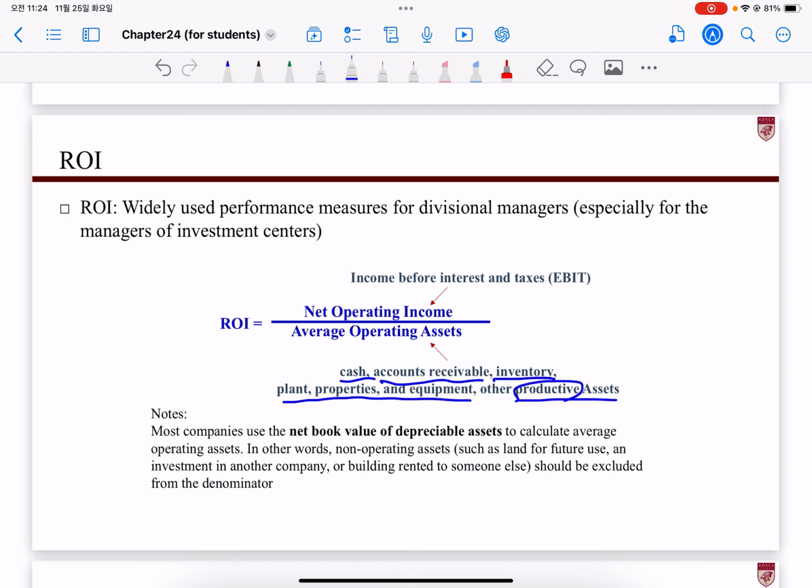Okay, so what I mean by average is, let's say the operating assets have a beginning balance and an ending balance of 2025, right? So in order to get the average, you have to take the average between the beginning balance and the ending balance of the operating assets, okay? That's what I mean by average.